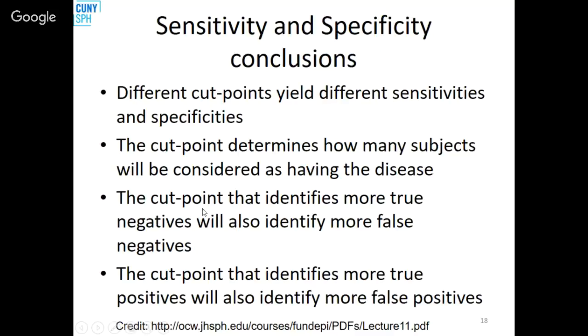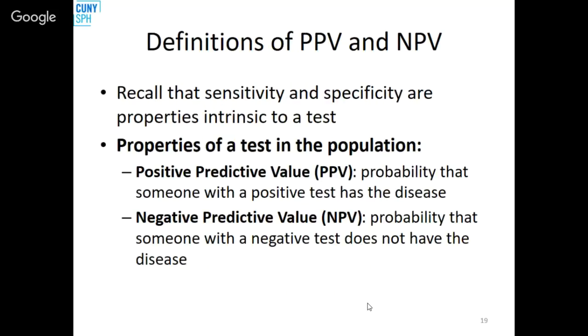And there's this trade-off. Any cut point that identifies more true negatives will also identify more false negatives. And conversely, a cut point that identifies more true positives will also identify more false positives.